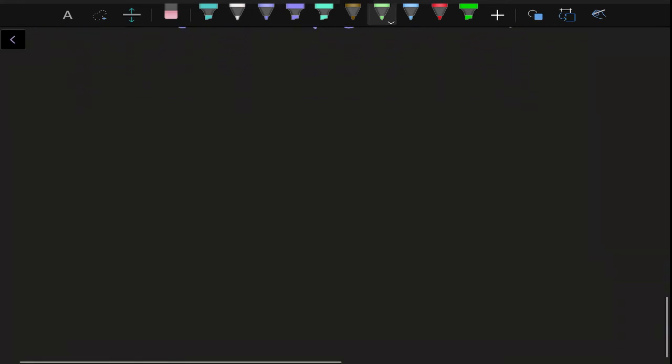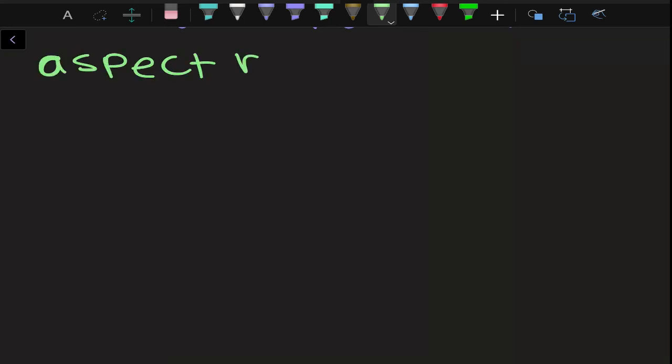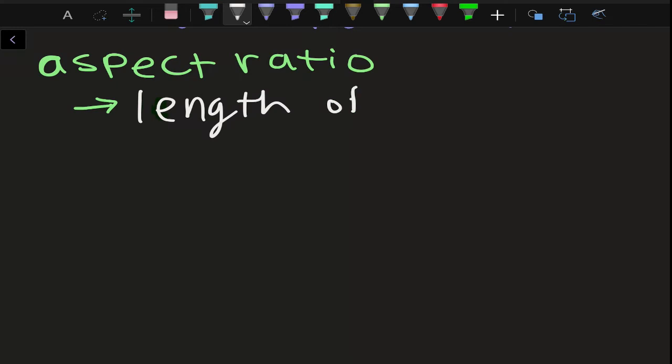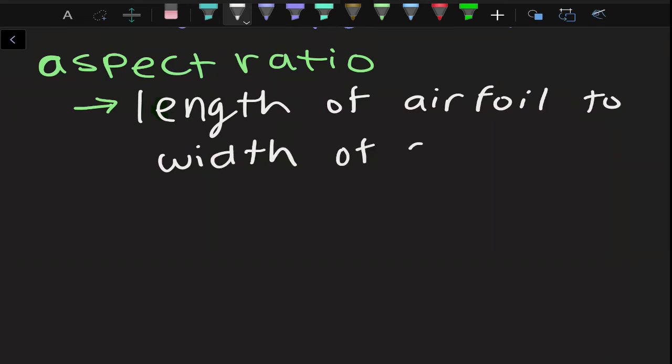The next term we need to learn is the aspect ratio. And this is the ratio of the length of an airfoil to its width. Okay, so length of airfoil to width of an airfoil.